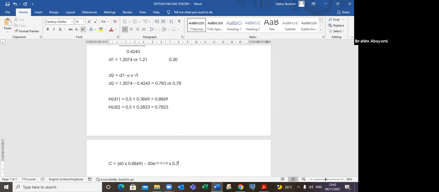ND2 is 0.7823. That's our ND2. So call option price is equal to, what do I multiply?